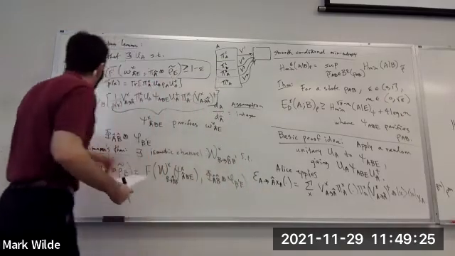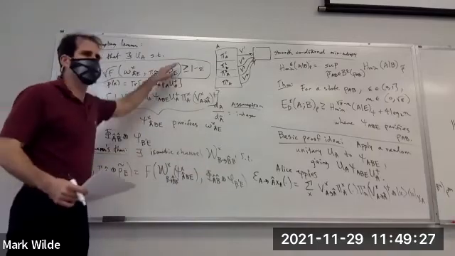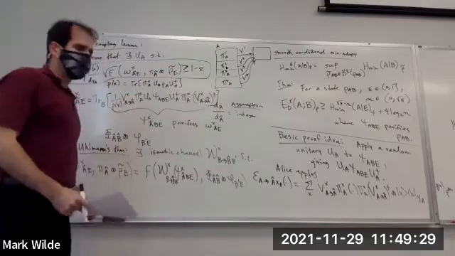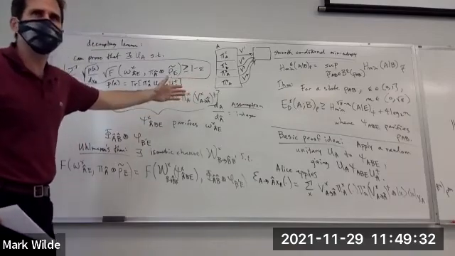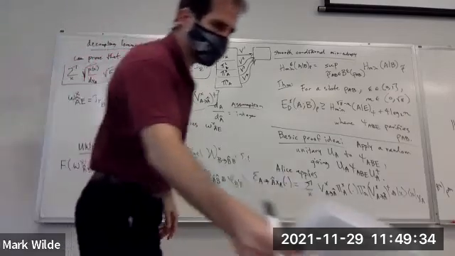Okay, so that means in this expression, we can substitute this, right? So that's the end of the proof, right? Why is it the end of the proof?